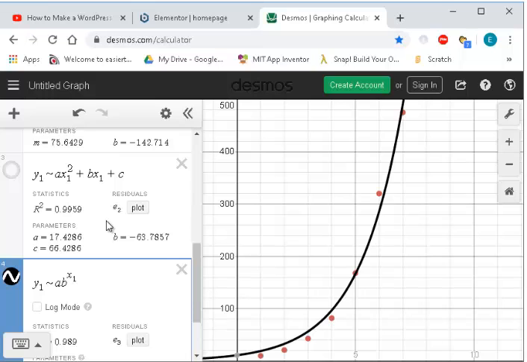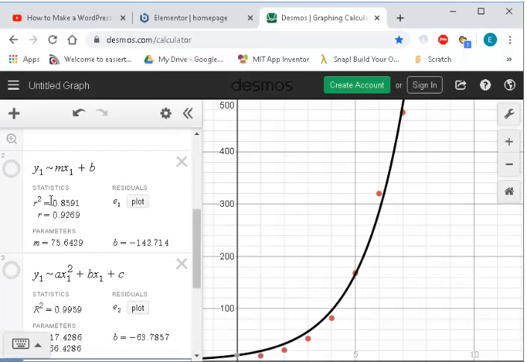So you will be tempted to say that the quadratic is the best one, but you have to look at the context of the problem. So let's turn on the quadratic one. The problem with the quadratic is it doesn't fit with the context of the problem. What this graph is telling us is that to the left of this point, which is this side, the mass of the bacteria is decreasing, then it gets to this point and starts increasing, which is incorrect.